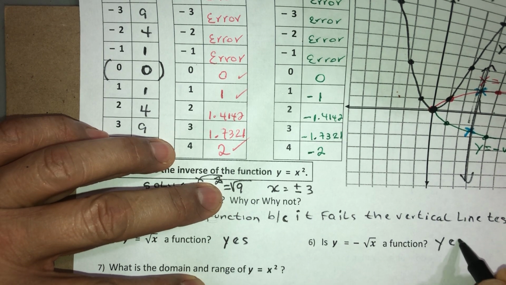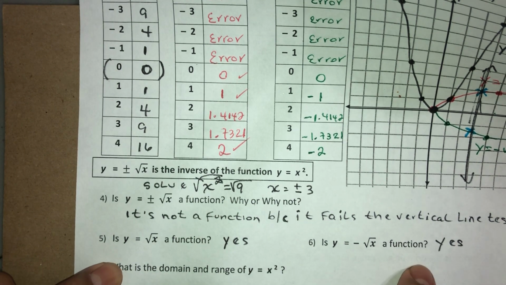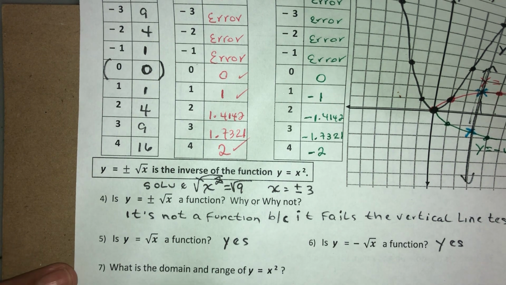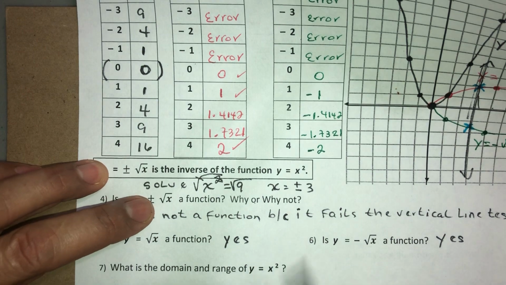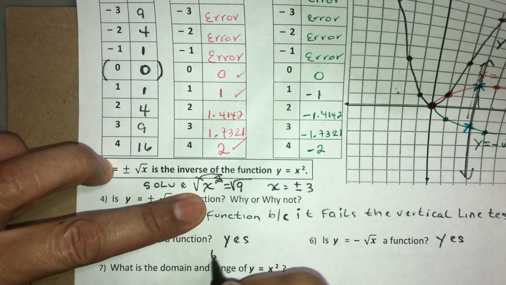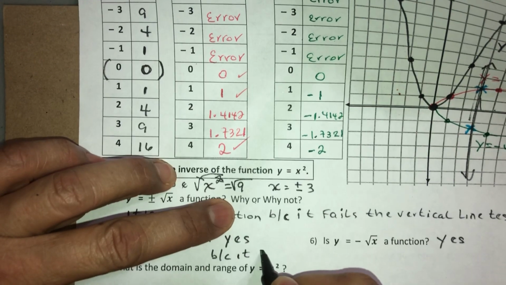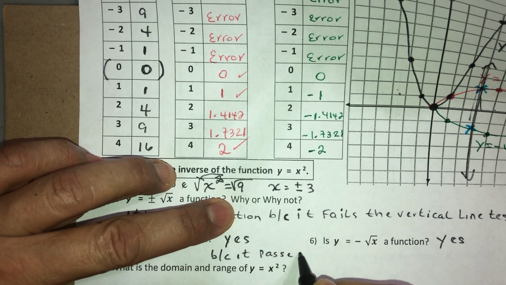Yes and yes. They're not asking you why, but if they ask you why? Because it passes the vertical line test. So the explanation will be the same for both.